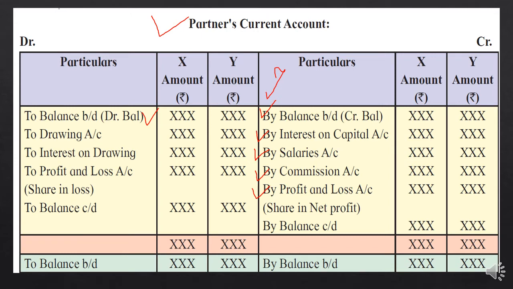Remember, students, any income or any profit to the partners arising out of the adjustments, or given in the trial balance, will first be credited to the partner's current account. Since it is the fixed capital method, we are preparing the current account, so all will be credited in the current account or the capital account.